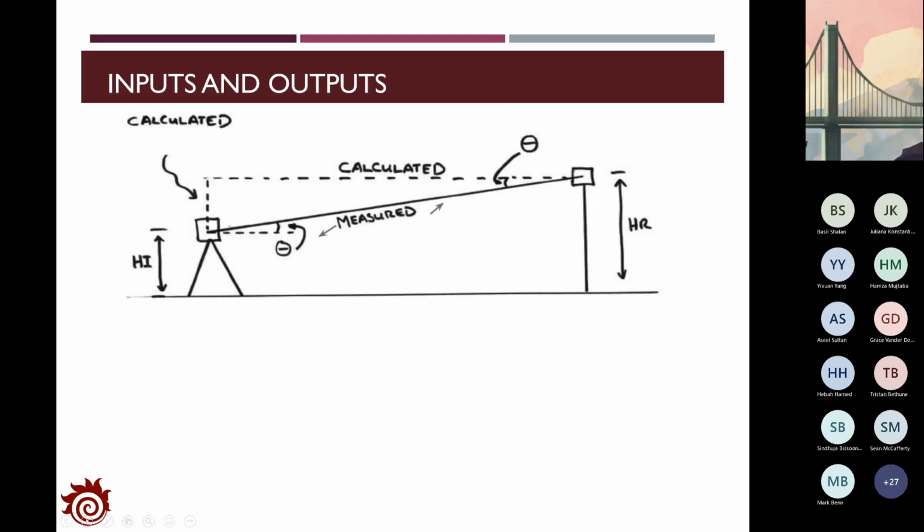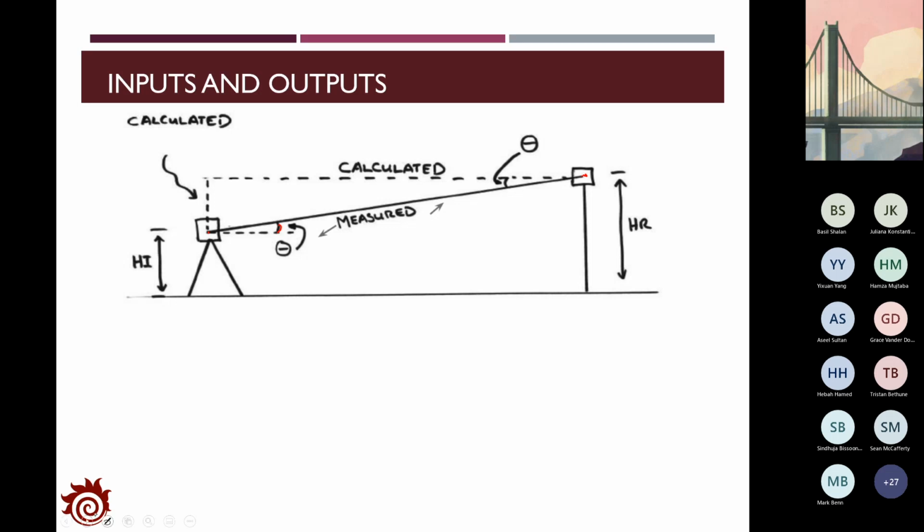And regarding the values measured by the total station, actually, the total station only measures two values for one measurement. One is the direct distance from the instrument to the target, and then it will also measure the vertical angle.